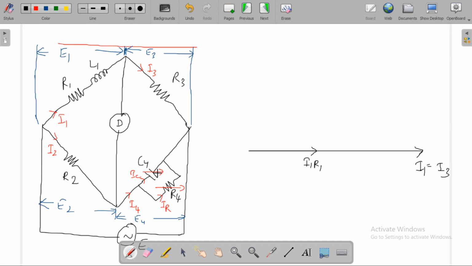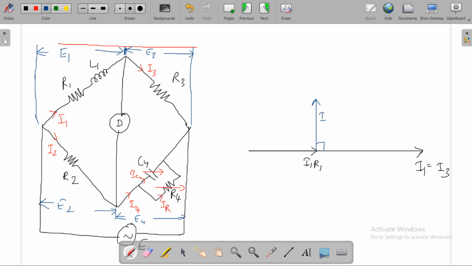Now let us draw the voltage across L1. Voltage across L1 leads current through L1 by an angle of 90 degrees.